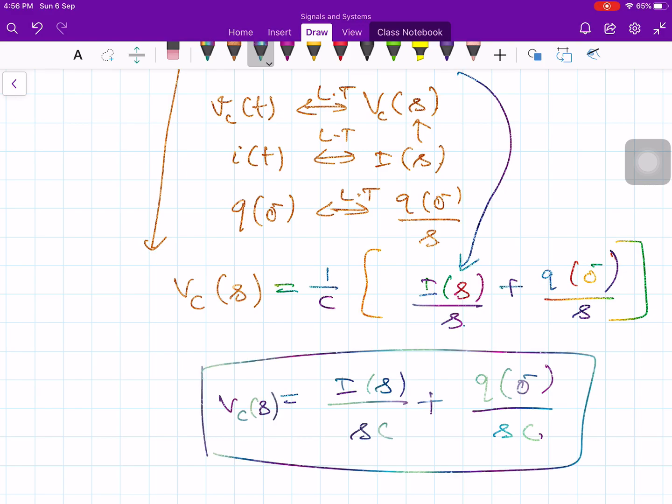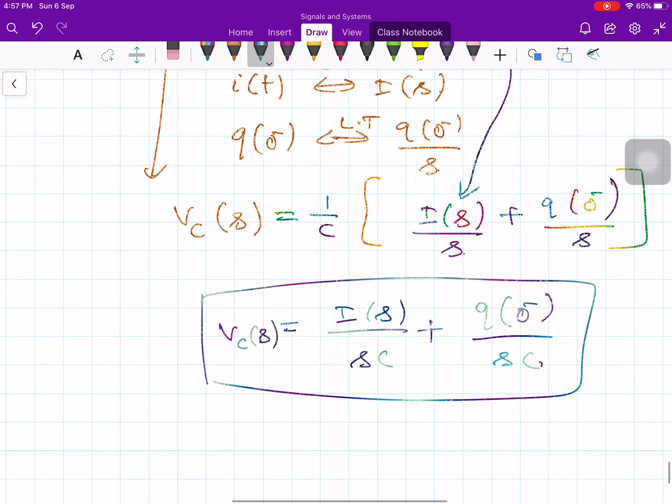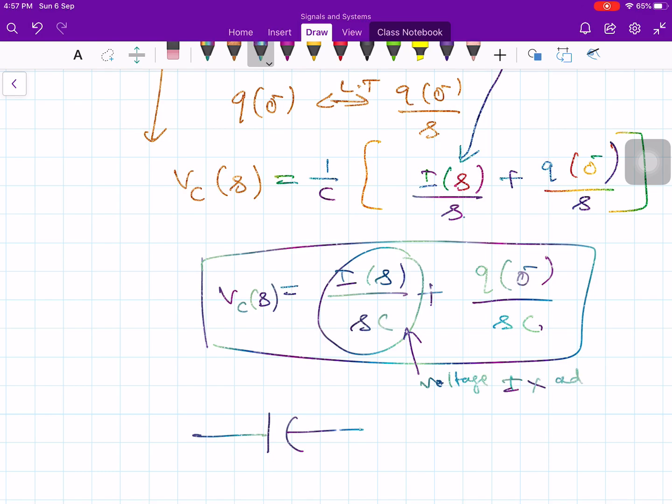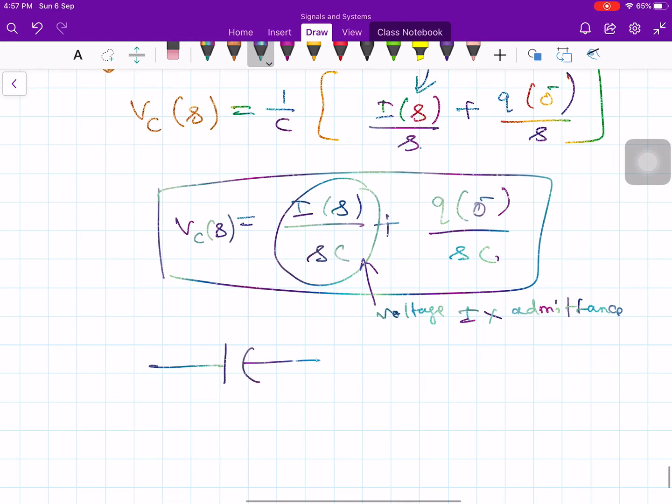So this equation can be represented nicely in the following way. Like you have a voltage. This is the voltage, by the way. Okay, what is this? Voltage. Current times admittance. What is the admittance? Current I of s times 1 over sc.